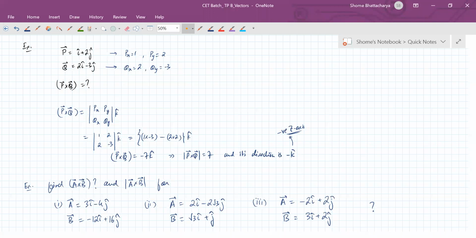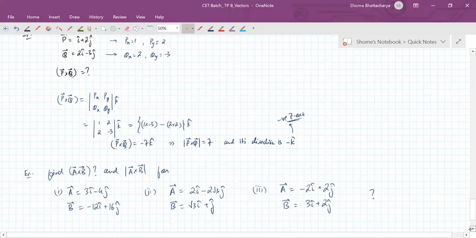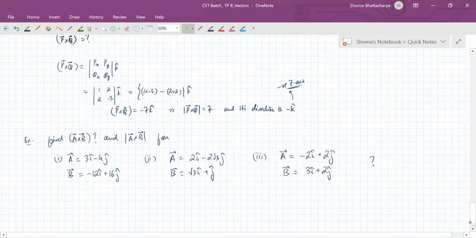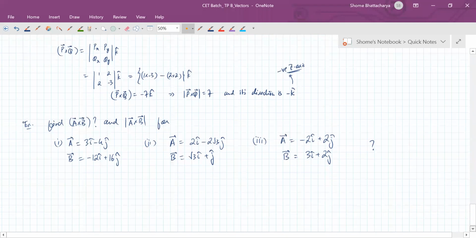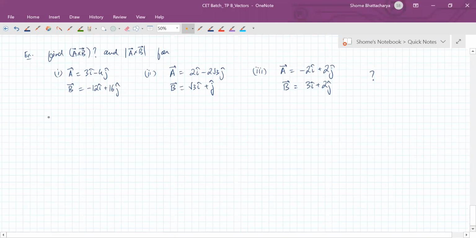Okay, so I'll just verify your answers. Santosh and Gazanfar. So the first one, A cross B, just make a 2 by 2 matrix.